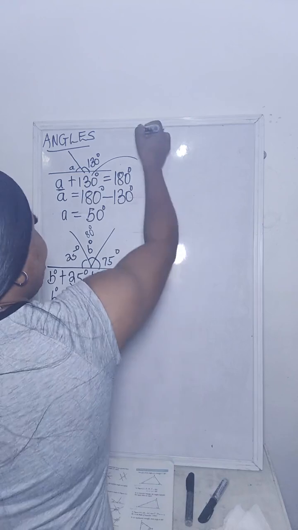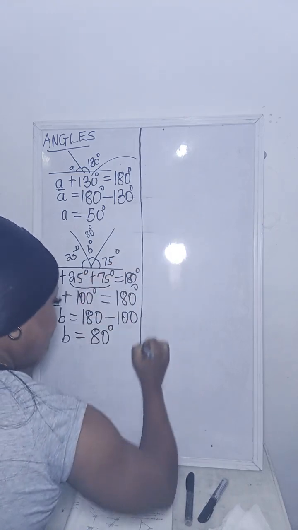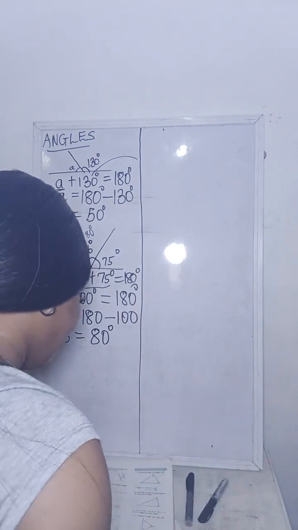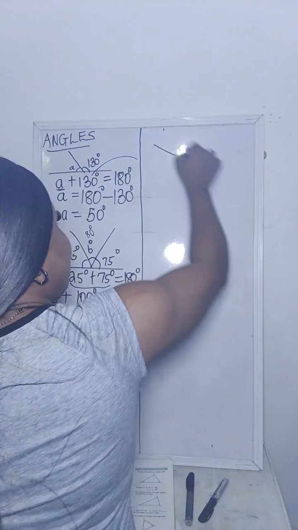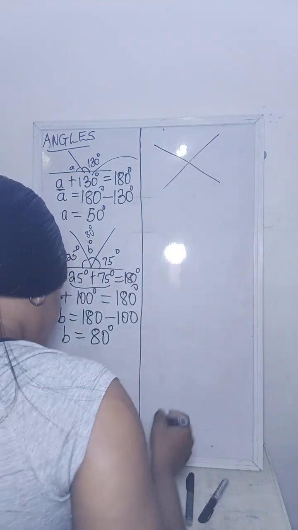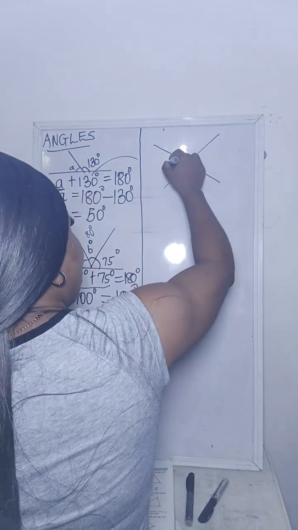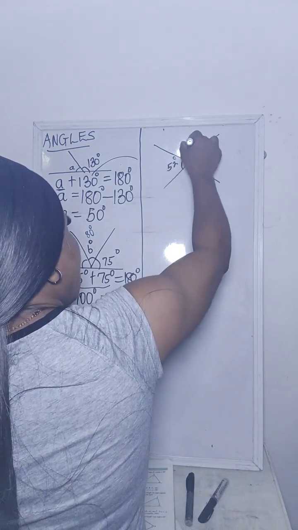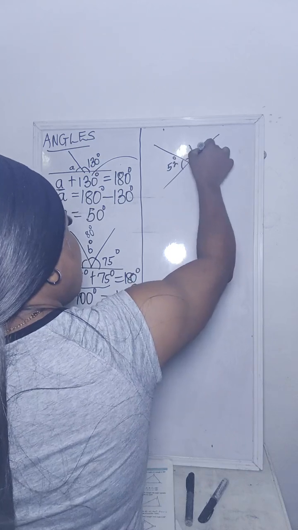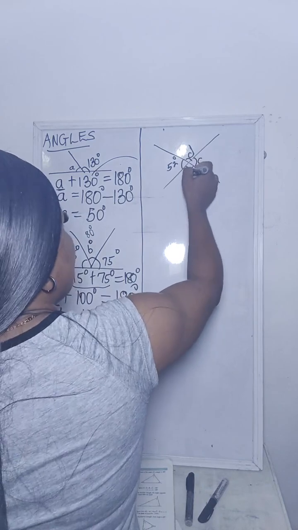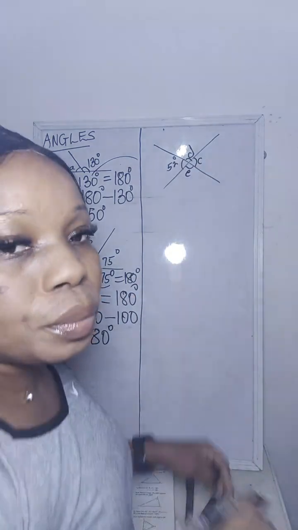Okay, now it's getting interesting. We've laid the foundation, so now we can fly. All right, so I have this. Now I need you to pay attention because this would seem a bit complicated, but it's not.